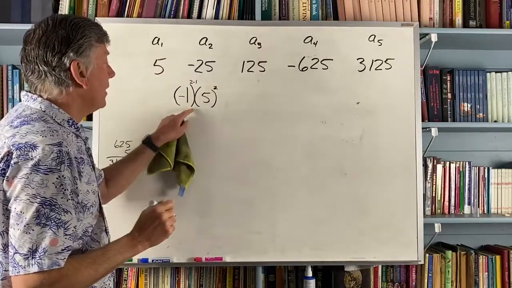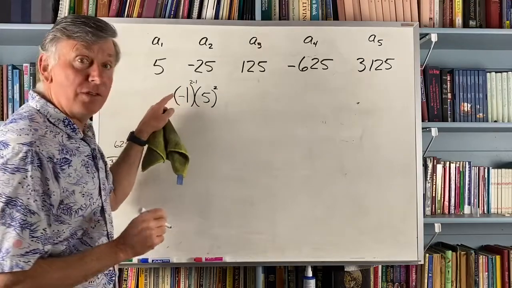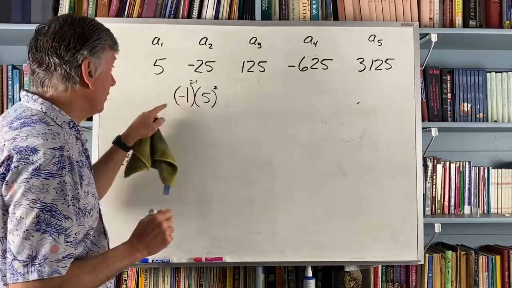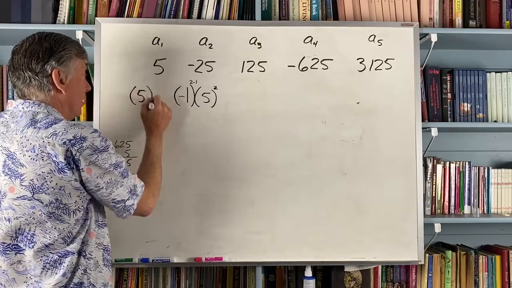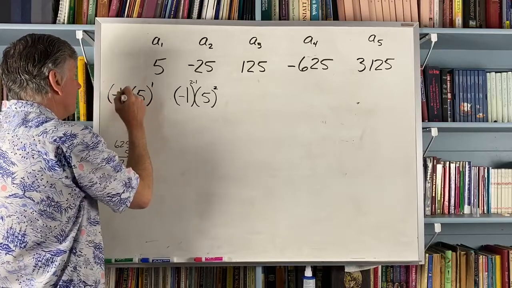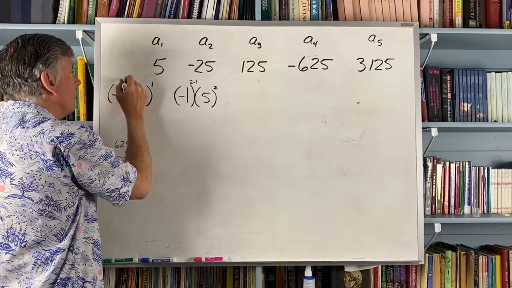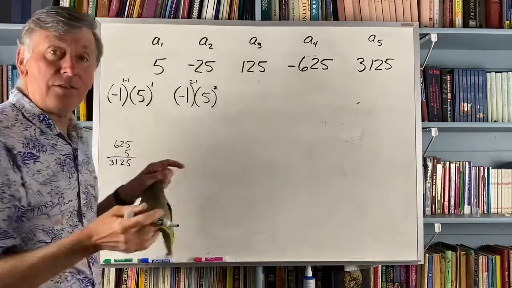That way it will be odd. 2 minus 1 is 1. Minus 1 to the first power is minus 1, and it'll work. This one, 5, is 5 to the first power, it's my first term, and it's minus 1 to the 1 minus 1, or 0 power, so that's going to fix it.